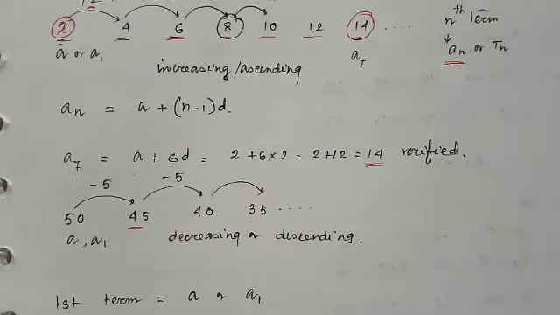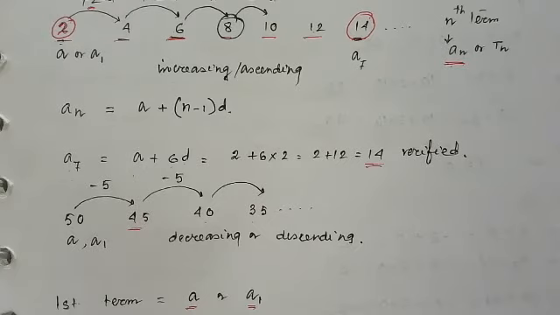So if the first term is a or a1 and the common difference is d, then the difference of any term from its previous term, for example the second term a2 minus the first term a1, is equal to d. It is called the common difference. We can also write a3 minus a2, a4 minus a3, a5 minus a4. That is the difference of any two successive terms.